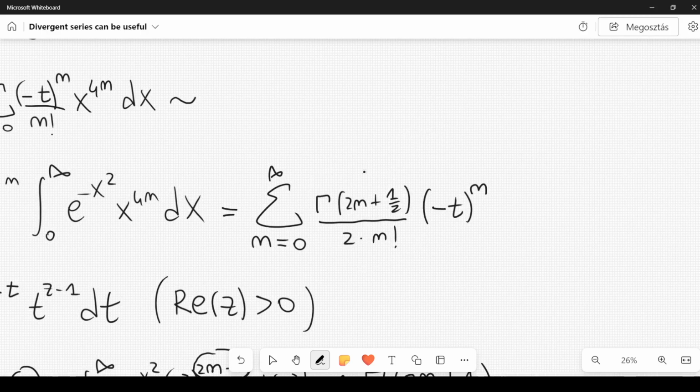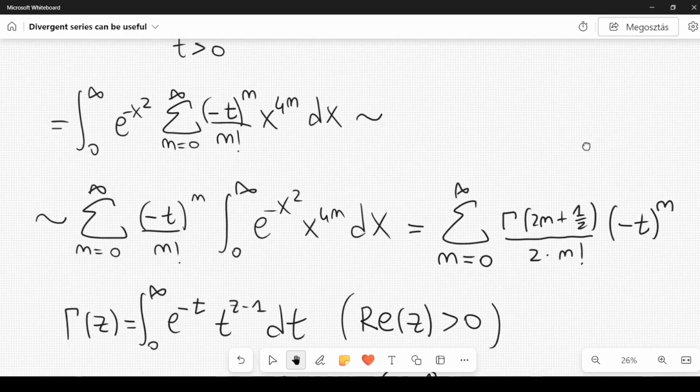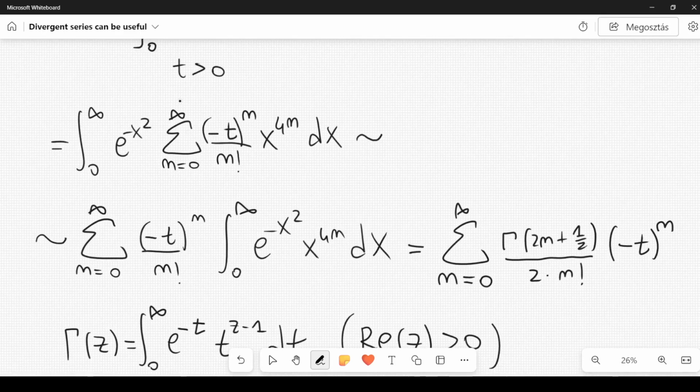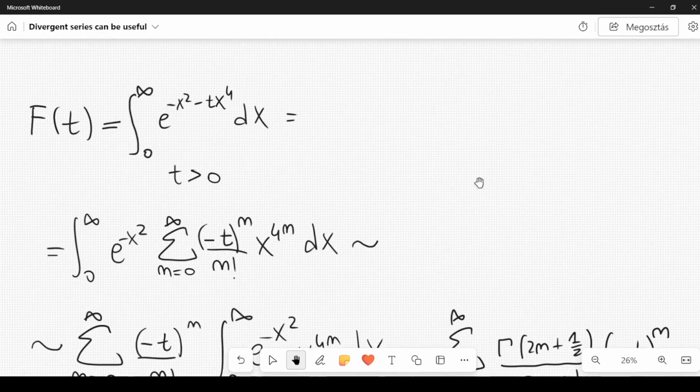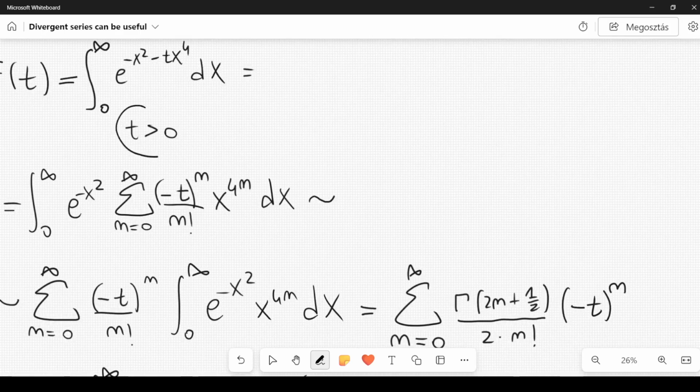These terms explode. So this is a simple way to see that when you exchange the order between the series and the integral, you have to be careful, because you can create divergences, and therefore the series will not be equal to the initial integral. The integral converges for every value of t greater than 0, but the series does not converge for this range of values.